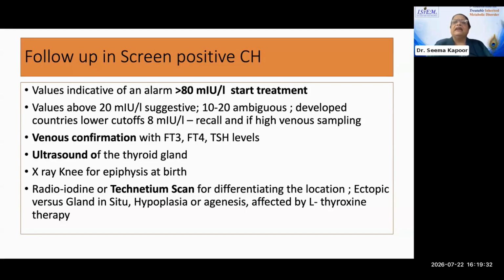It should be done either by chemiluminescence or by radioimmunoassay. So the message is: the test which you use for screening should not be used for confirmation. They should be totally different so that the same issues do not cause them again to have a false value.